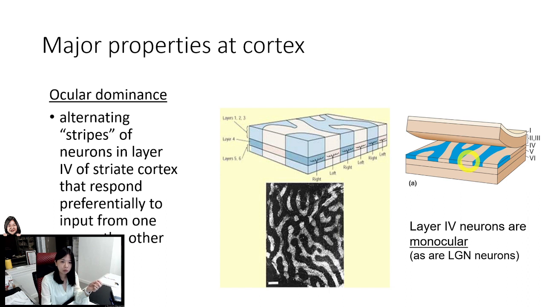So layer 4 neurons would be purely ocular segregated. These neurons will only respond to right stimulation, and these neurons will only respond to left stimulation. So what will happen as binocularity emerges in the outside layers?